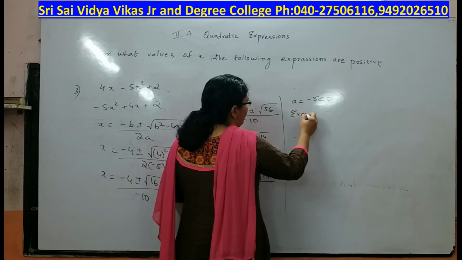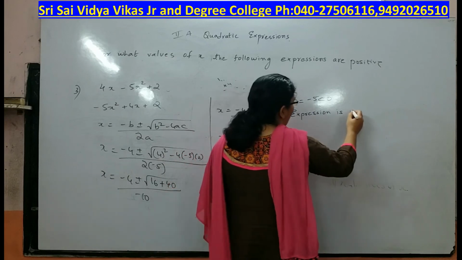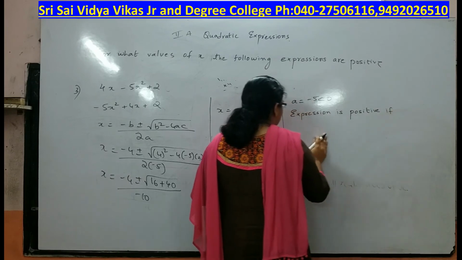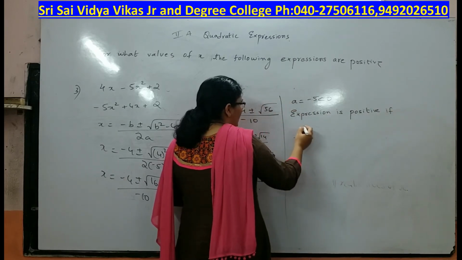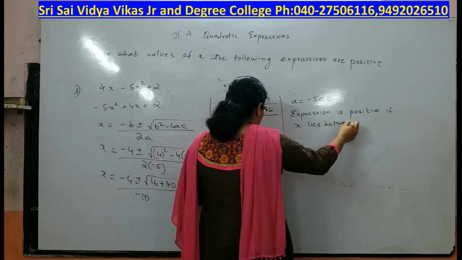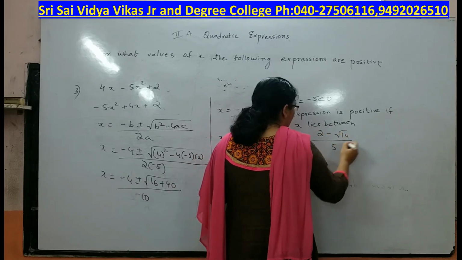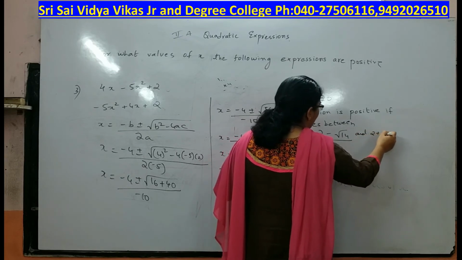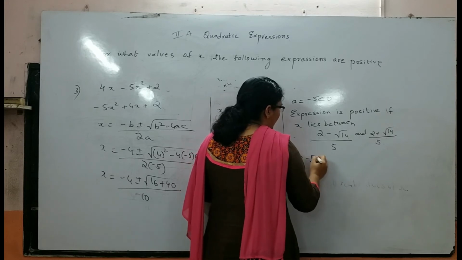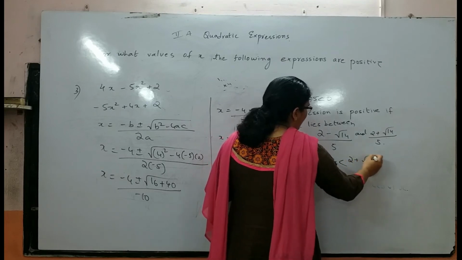Expression is positive if x lies between 2 minus root 14 by 5 and 2 plus root 14 by 5. That can be written as 2 minus root 14 by 5 less than x less than 2 plus root 14 by 5.